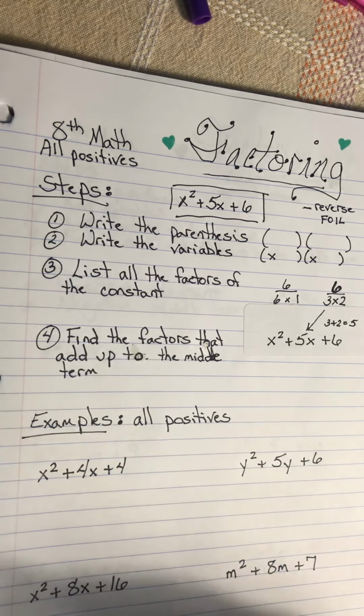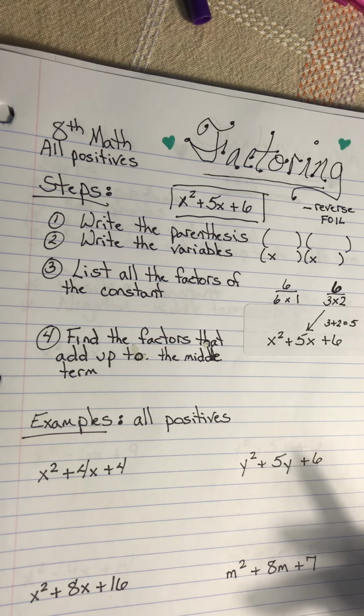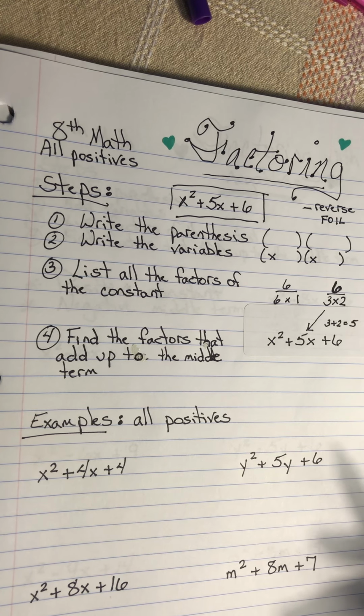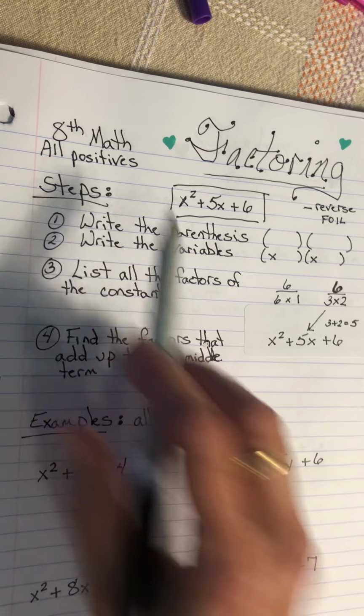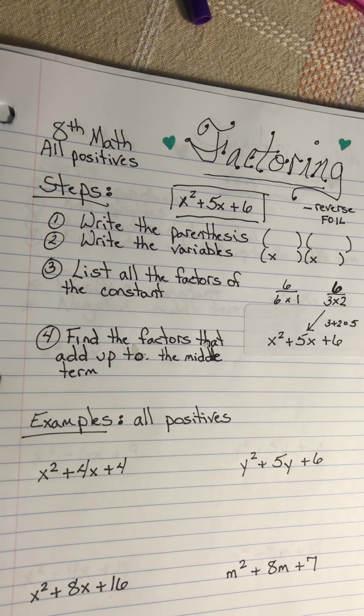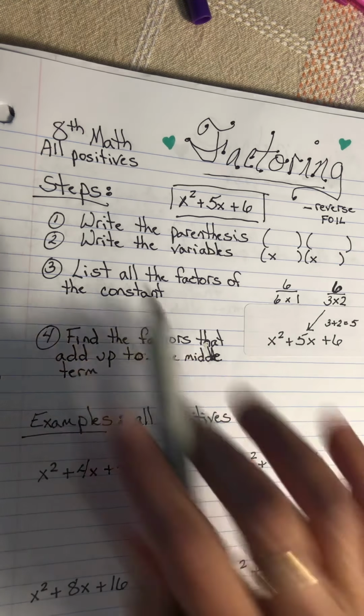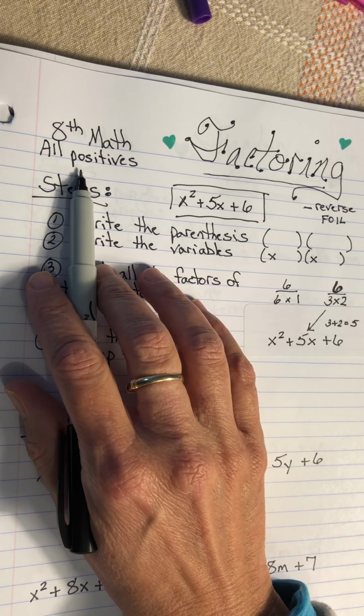I tried to write out the steps for you. We are going to do the simplest ones today where everything is positive. Tomorrow we'll add in some problems with a negative sign, but for today everything is positive.